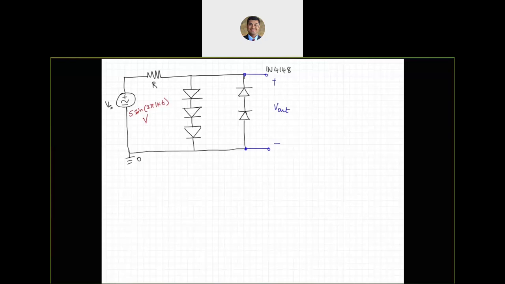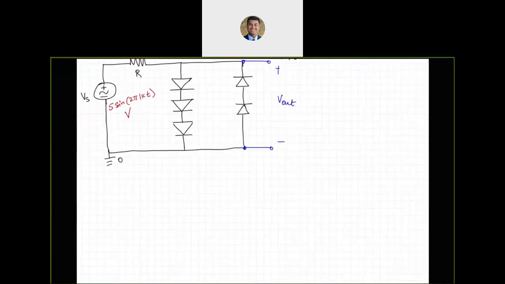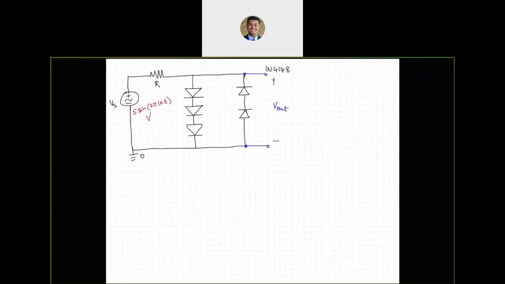There are two parallel paths. In one parallel path, there are three diodes pointing down. On the other parallel path, there are two diodes pointing up. We are assuming the same Vs over here, and for this particular exercise, the value of R actually doesn't matter because we are only interested in sketching Vs and V out.